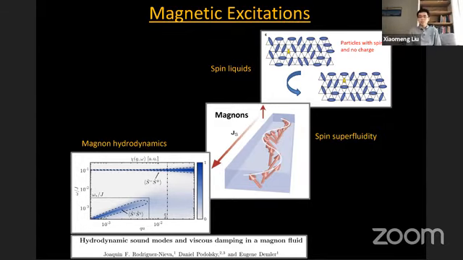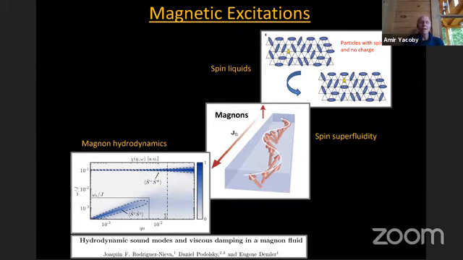So we talked about interesting excitations, magnetic excitations, like in spin liquids, magnons, and superfluids. I just want to point out that there is also a hydrodynamic regime for magnons. You have probably heard about hydrodynamics of fluids, like aerodynamics, but there is also hydrodynamics of electrons, which suggests that strong interactions between electrons lead to conservation of energy and momentum.